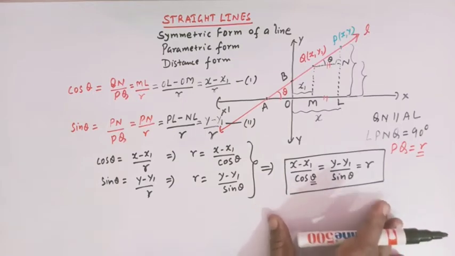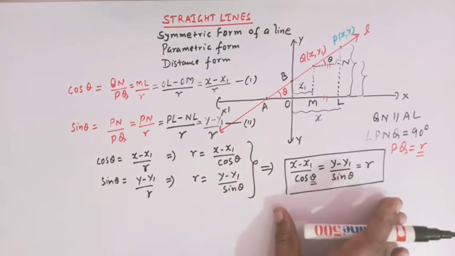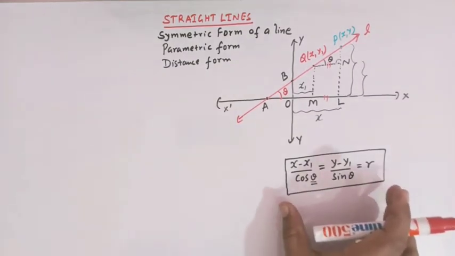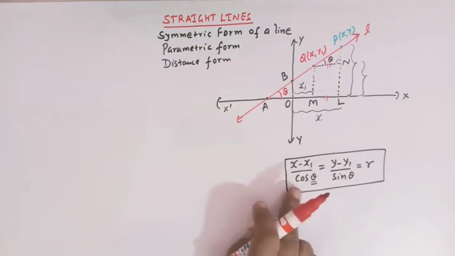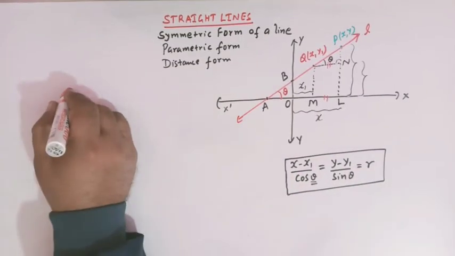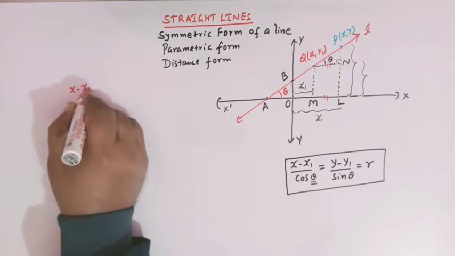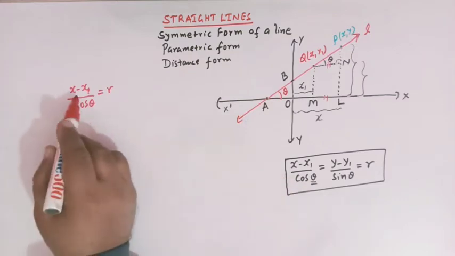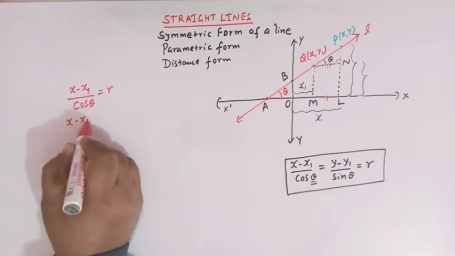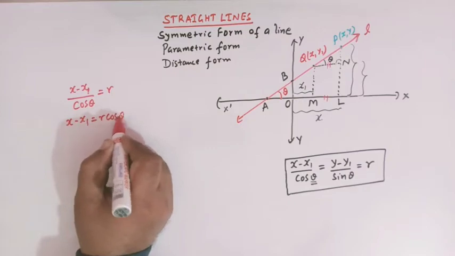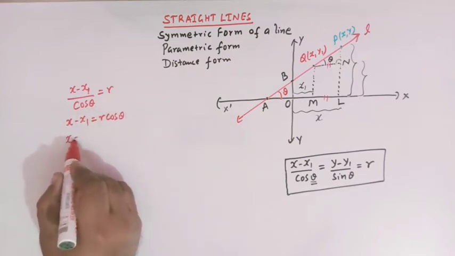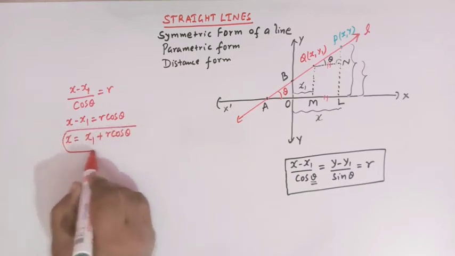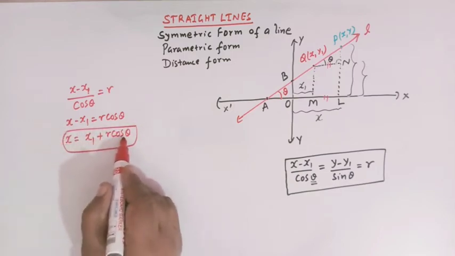So let us now further investigate this equation, and let us rewrite it as (x minus x1) over cos theta is equal to r. From here we can write x minus x1 is equal to r cos theta, and x is equal to x1 plus r cos theta.